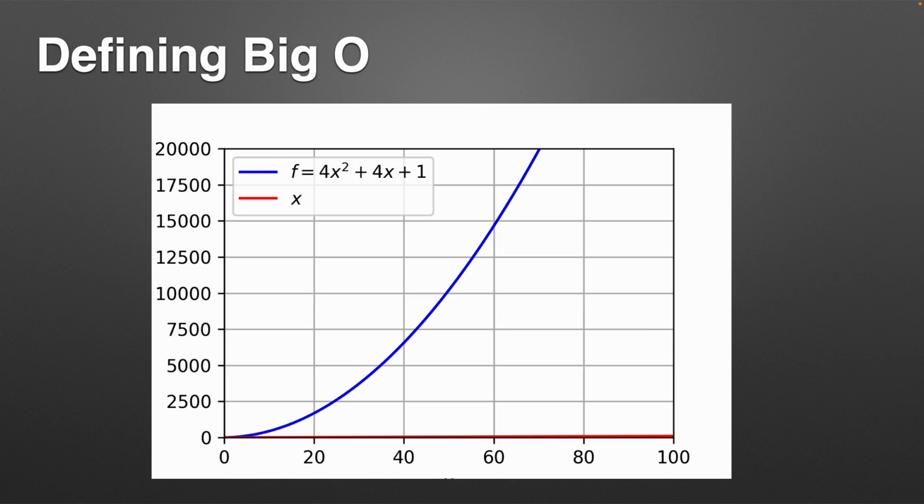But you could just choose x, which just increases with the input. This graph is scaled such that you can't really see it, but trust me, it's increasing one at a time. So does x meet that criteria?